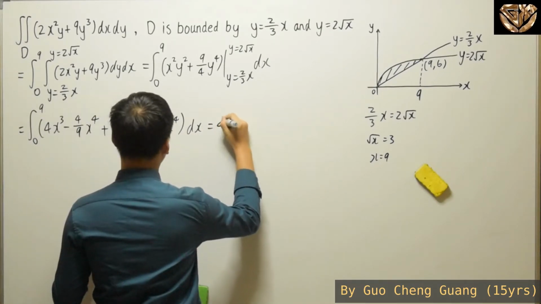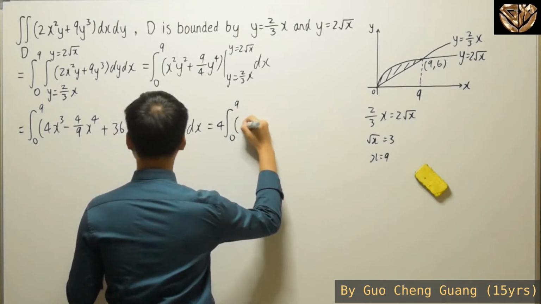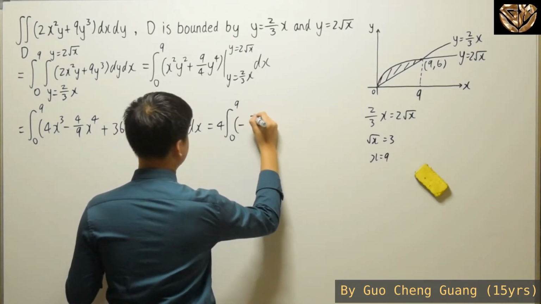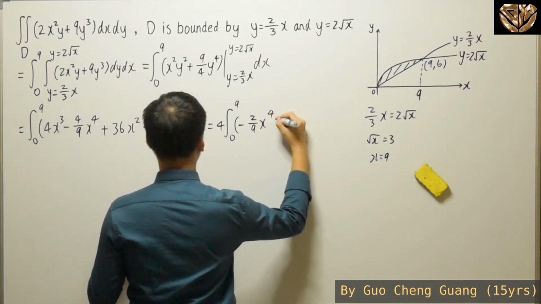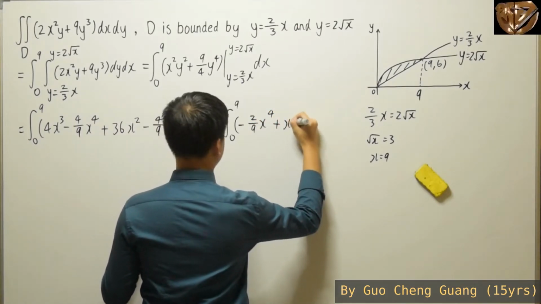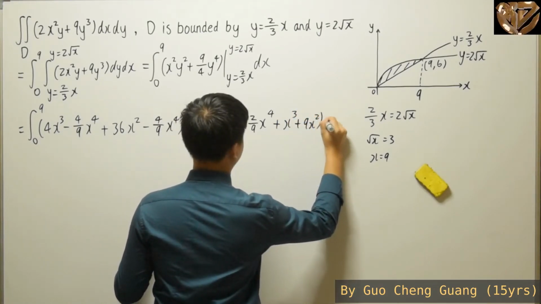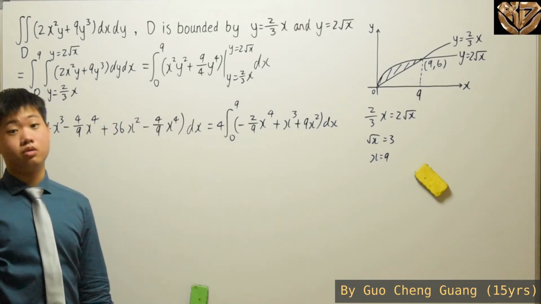So you can also take out the 4, integrate from 0 to 9, and you can have minus 2 over 9 x to the power of 4 plus x cubed plus 9x squared, dx. Right, so all we have to do now is to integrate this part.